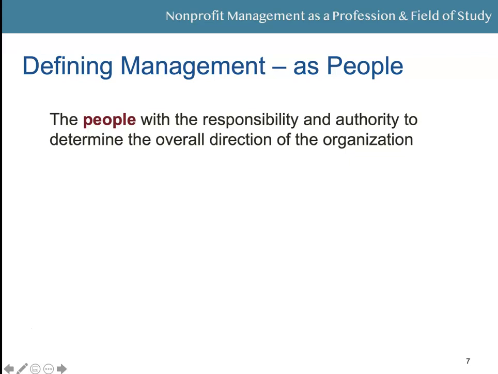So when we define management as people, we're talking about those specific individuals who have responsibility and authority, two really important things, responsibility and authority to determine the overall direction of an organization. So the people in charge.